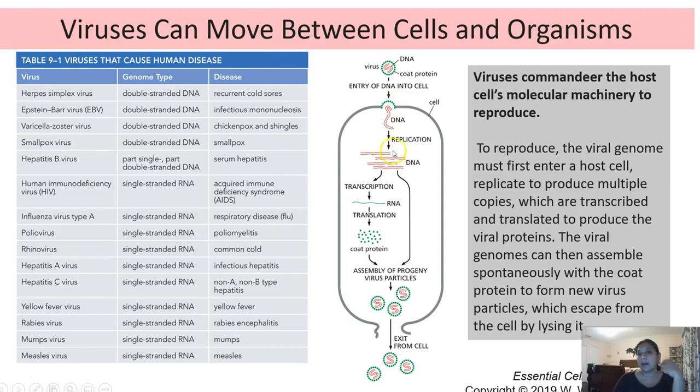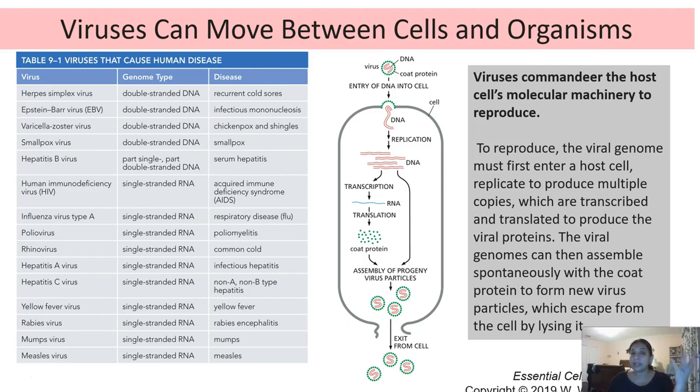In this case, this is a DNA virus. Once that genome is injected, since it was DNA, it could just be replicated like normal, right? The cell is going to replicate that DNA and make more copies using the cell's own replicative machinery.